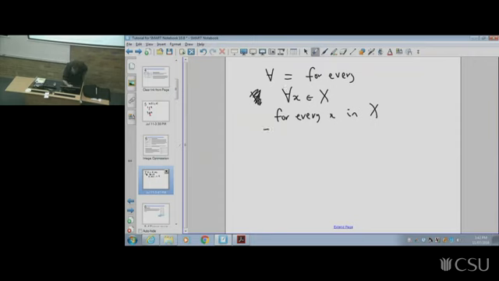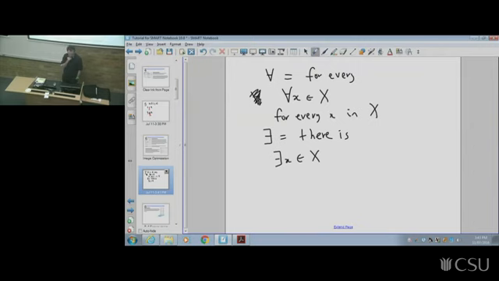The other one we have is a backwards E, and it stands for there is. So there is an x in X would say there is an x in X which satisfies something or other.